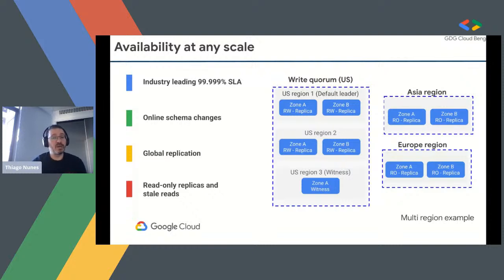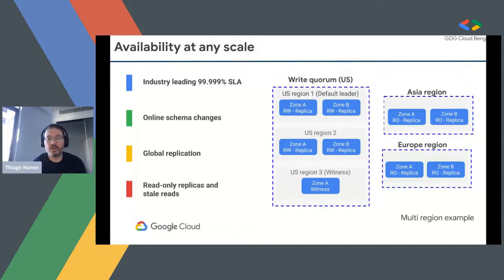When you're performing a write, the write quorum is the one that is going to handle that, right? For a write to succeed, it needs an acknowledgement from the majority of the machines participating in that write. So, for instance, in this configuration, you can have a whole region outage. Let's say region 2 goes down, and your writes are still going to succeed, right?